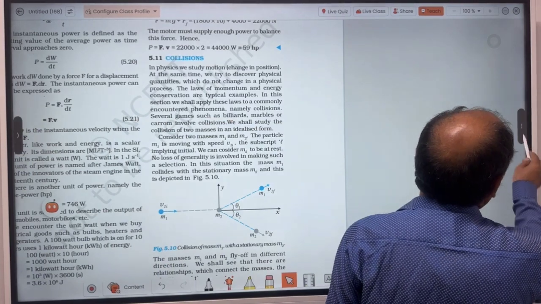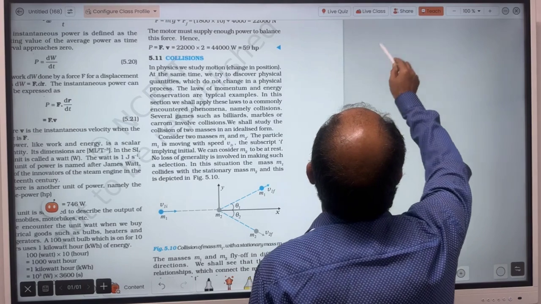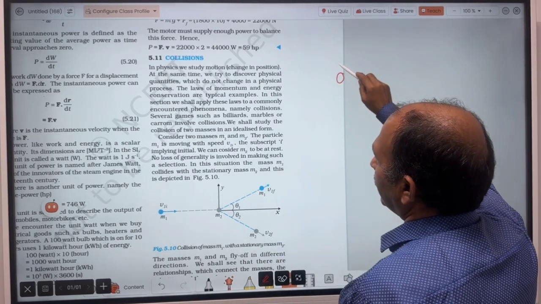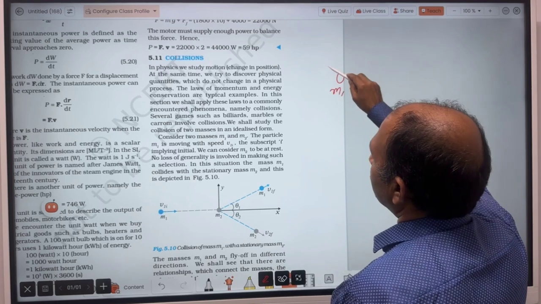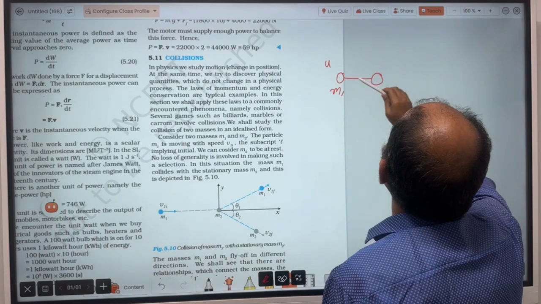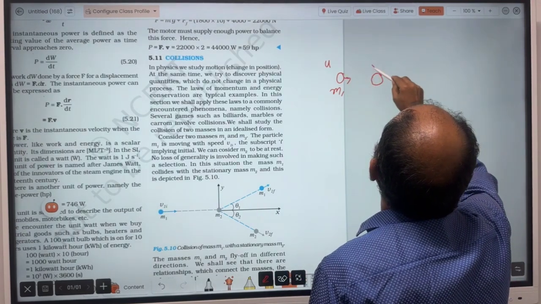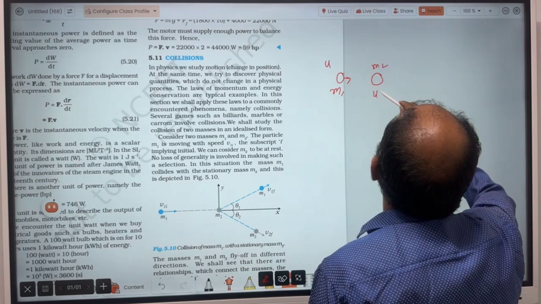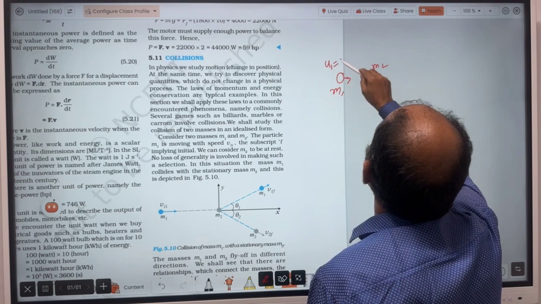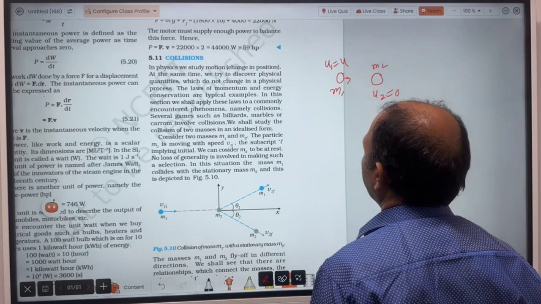So here one important aspect we are going to derive, but before that let's see what is happening here. Here there is mass m1 which is moving with velocity u in this direction, and there is another mass m2 which is at rest. Its velocity u1 is say u, and u2 is say 0.